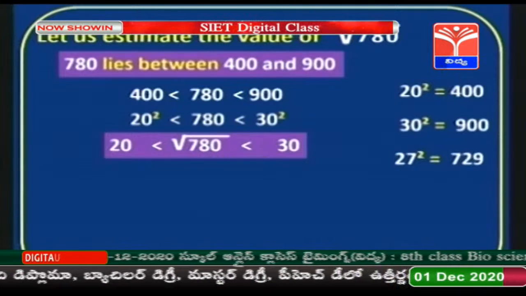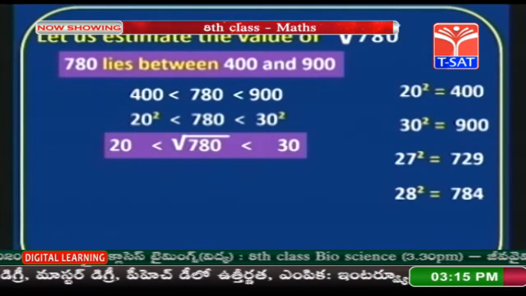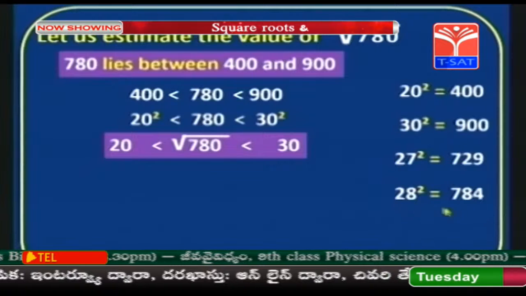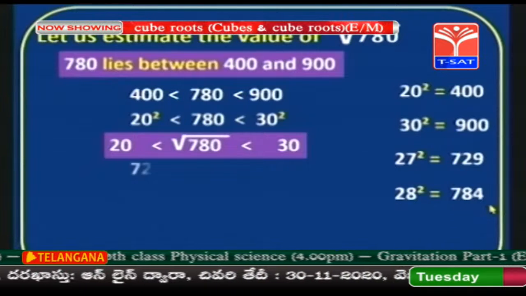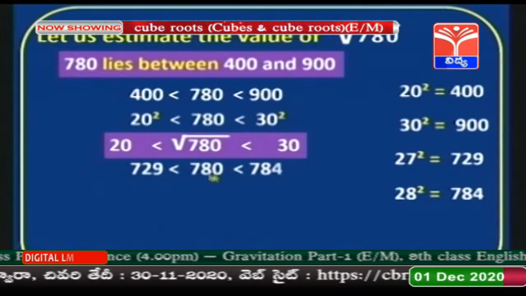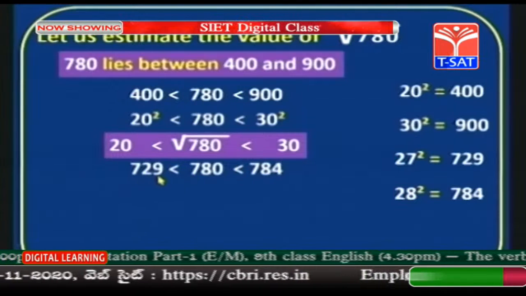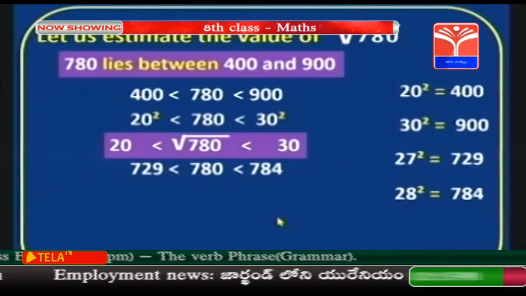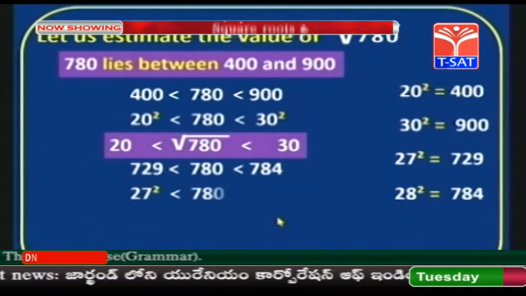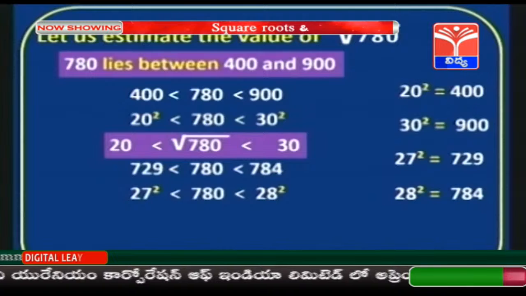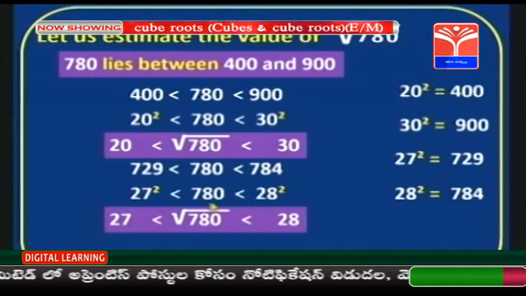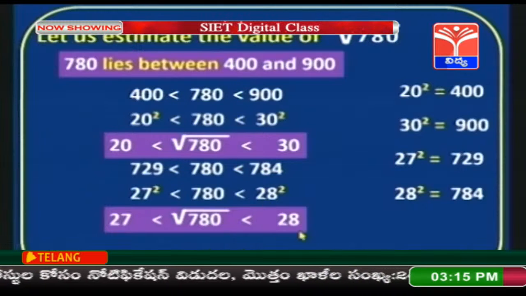Now I am taking 27 square and 28 square. What is 27 square? It is 729. What is 28 square? It is 784. So this 780 lies between these two values. So 729 less than 780 less than 784, or 27 square less than 780 less than 28 square, or 27 less than root 780 less than 28.